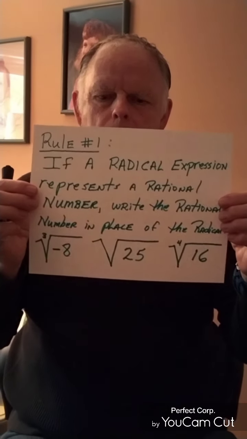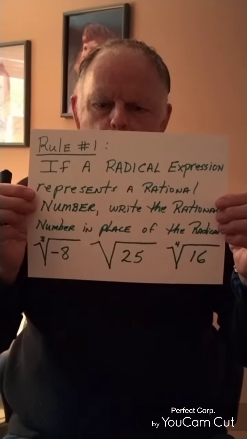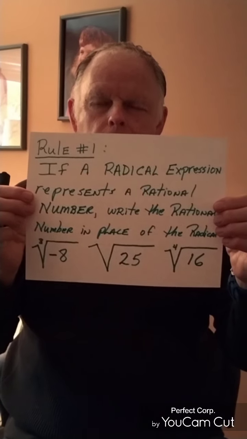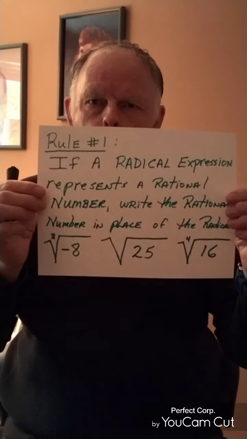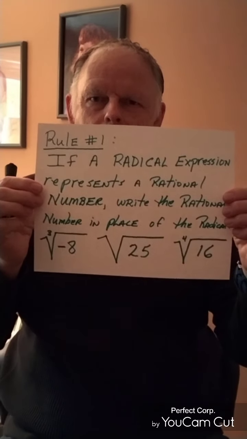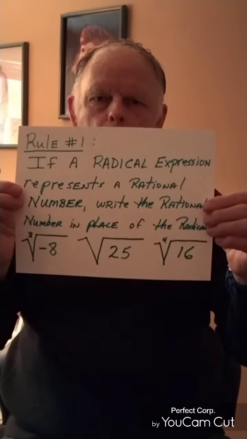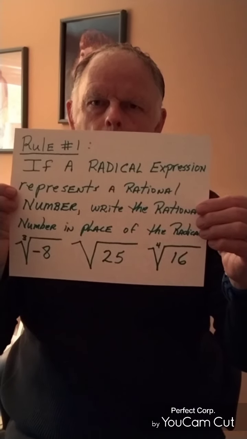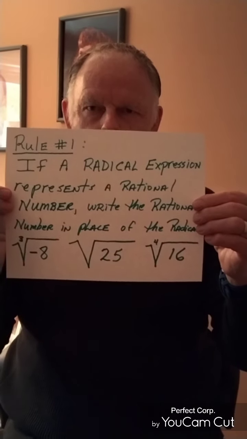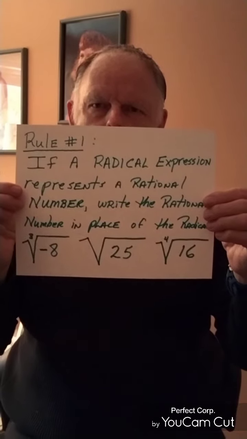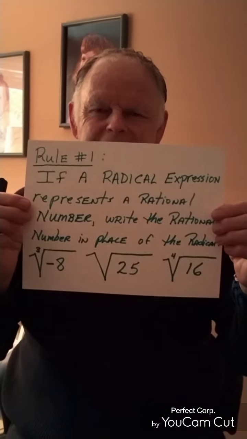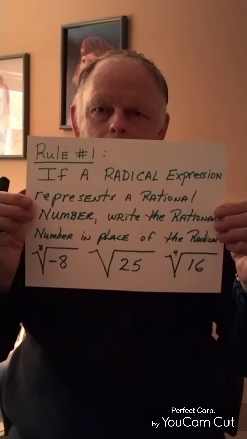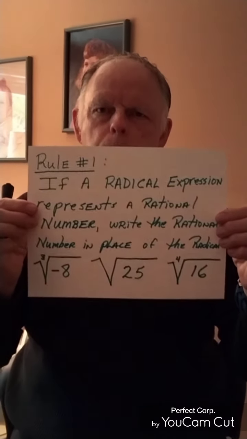The one in the middle is a perfect square, 25. The one to the left is a perfect cube, -8. And the one on the right is a perfect fourth power, 16. And all three of those on the bottom, when evaluated, give us a rational number. So that was rule number 1.